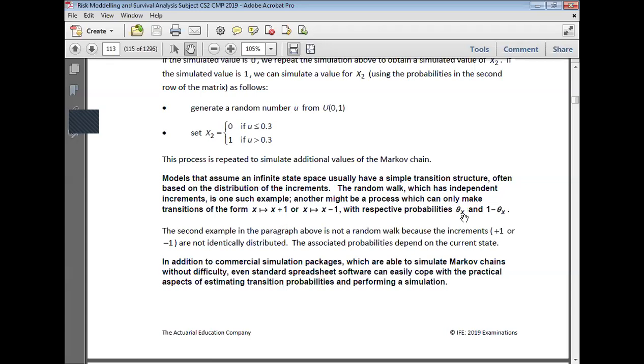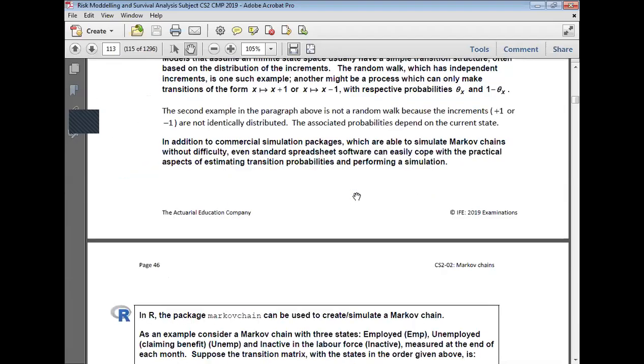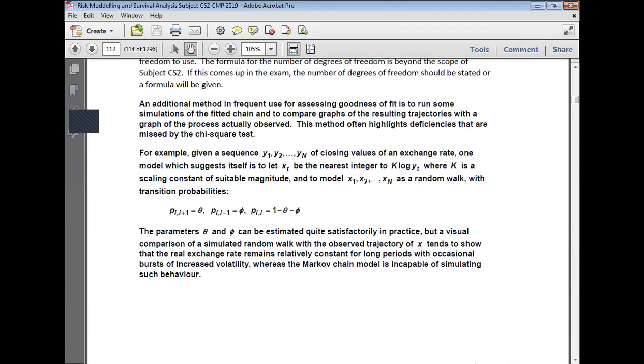It is something, let's say half x, and let's say it is 1 minus a half x. So then I know that these probabilities vary with respect to the state I'm looking at. So in this case, the increments will not be independent. That is just what they're trying to say here. And I guess that sums up the chapter.